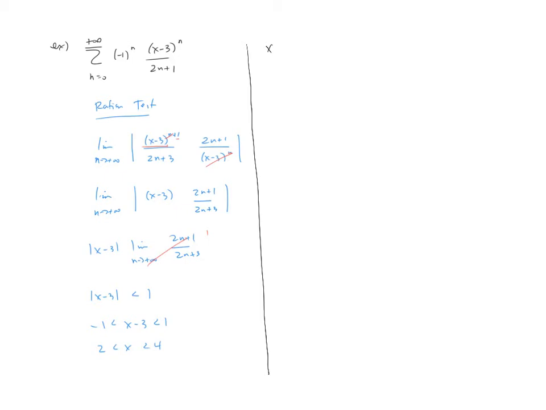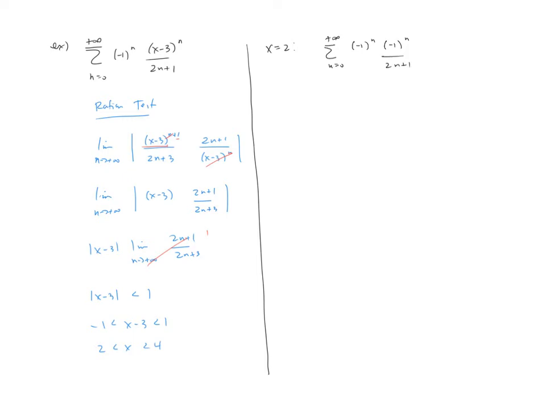So what I'll go ahead and do here is I'll just put a little line down here. I'm going to start by testing x equals 2. So if I test x equals 2, I'm going to come back in here to the original. I'm going to put a 2 in right there, x equals 2. That's going to give me now the infinite series of (-1)^n times (-1)^n over 2n plus 1.